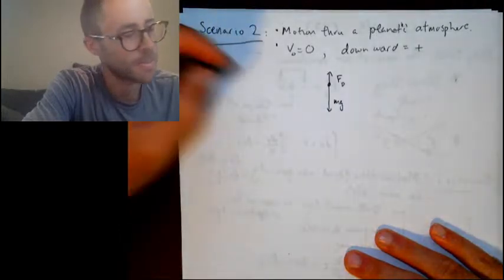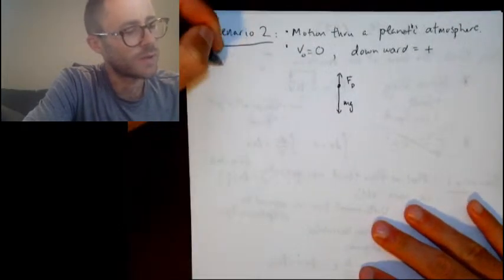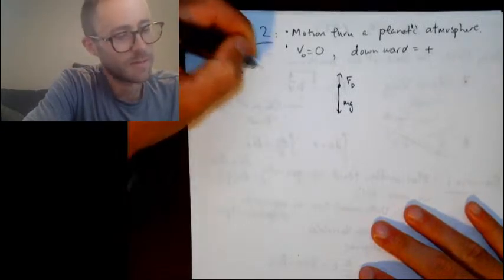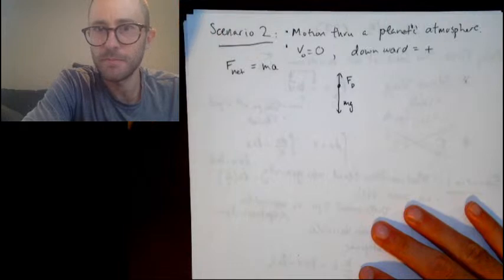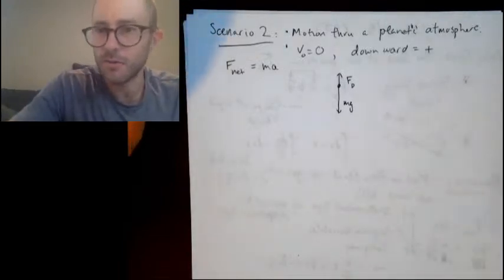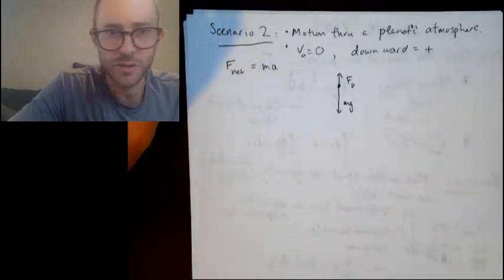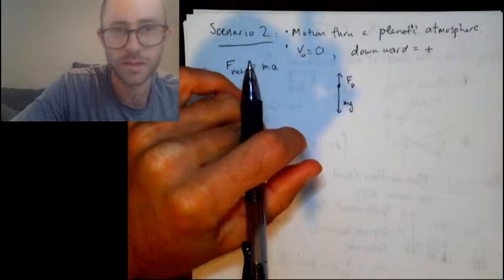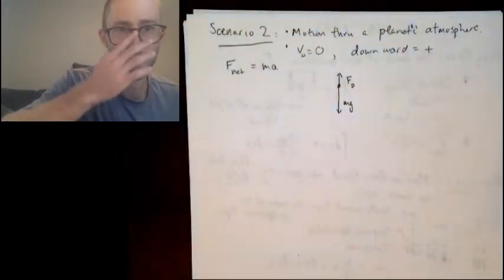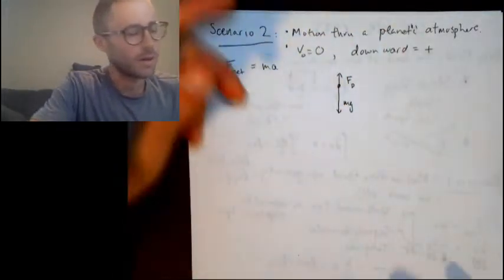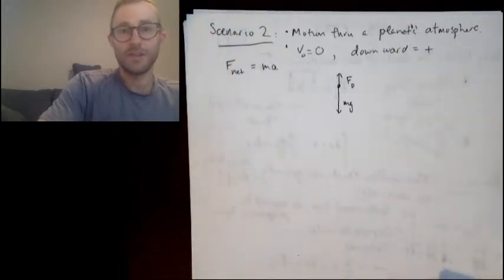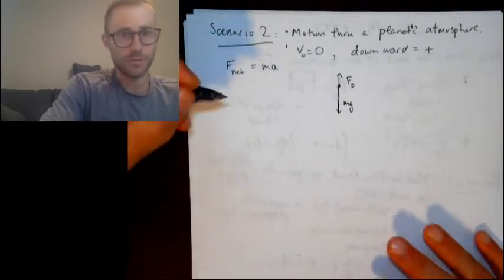So if we write Newton's second law, net force equals ma, gravity and friction. Generally speaking, if it's friction from an atmosphere, we call it drag. But drag is a form of friction. So our net force is going to be the downward forces minus the upward forces.